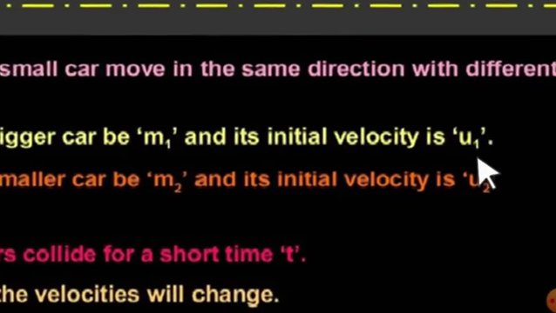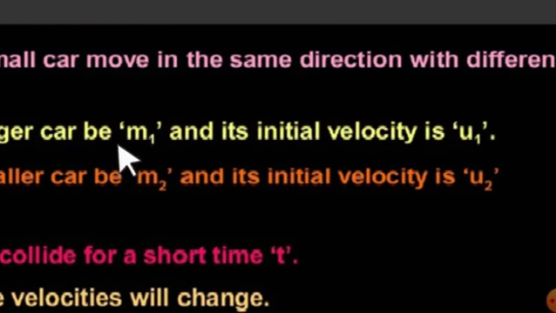Got it? Let a small car which comes from the back side of this bigger car have a mass m2, and it also moves with initial velocity u2.